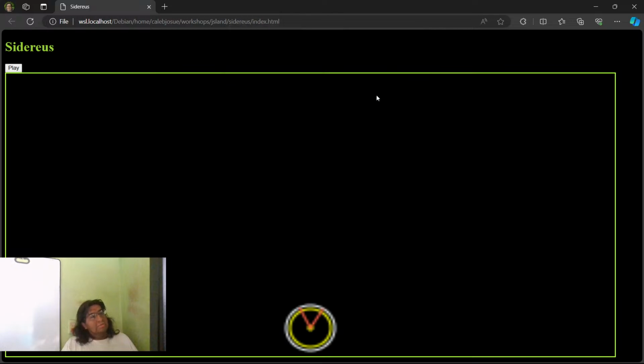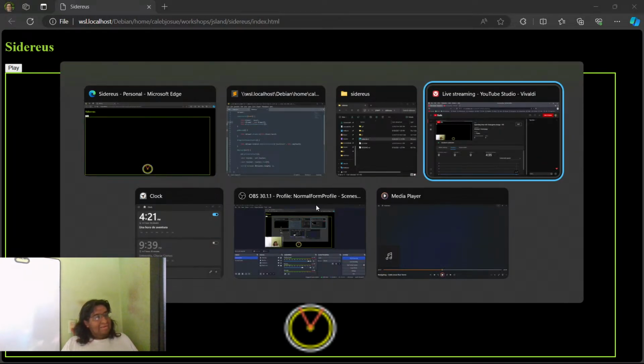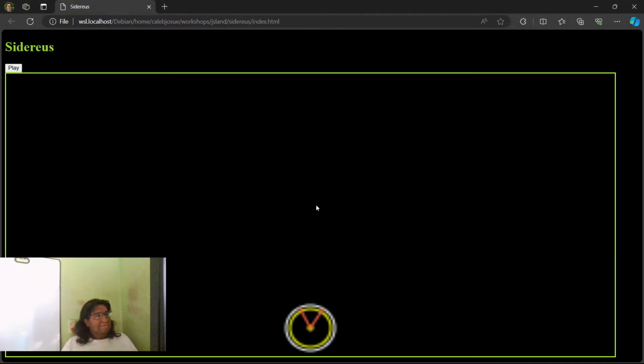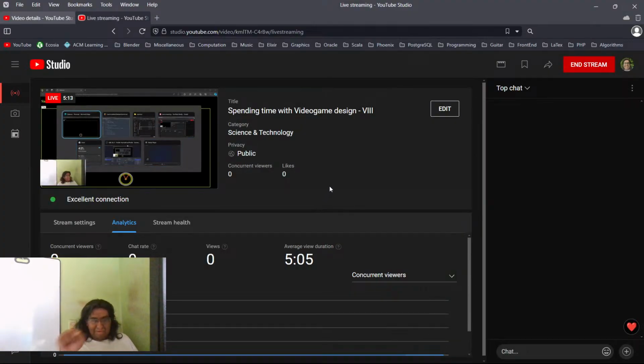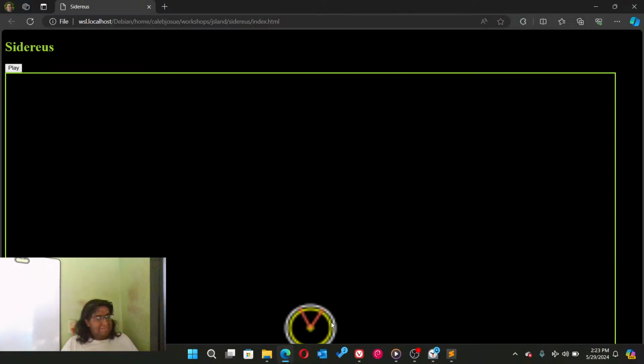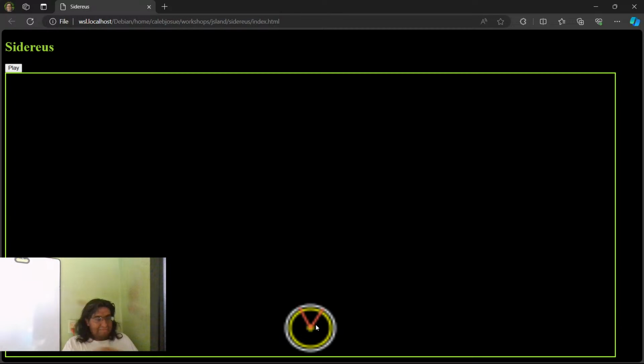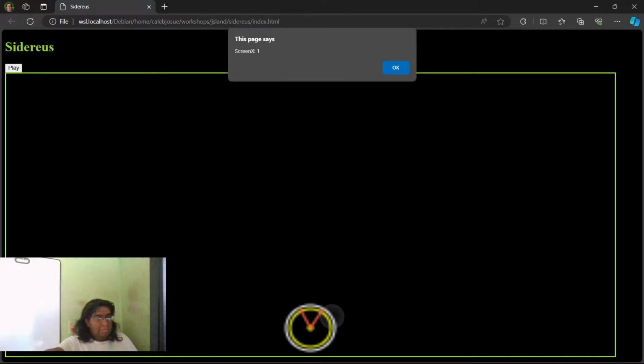Okay, so let's challenge ourselves. Let's tackle the hard one, moving the spaceship by clicking with your finger and moving.